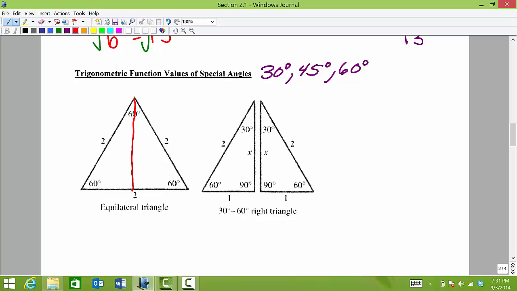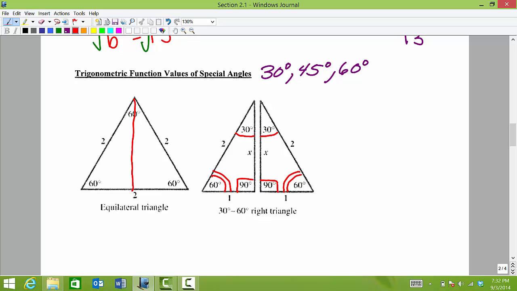Now when I cut it in half, we get two triangles with 30 degrees at the top, since we split that angle in half. Down here we still have 60 degrees, and because we cut it straight down, we have a 90-degree angle for both of these triangles.